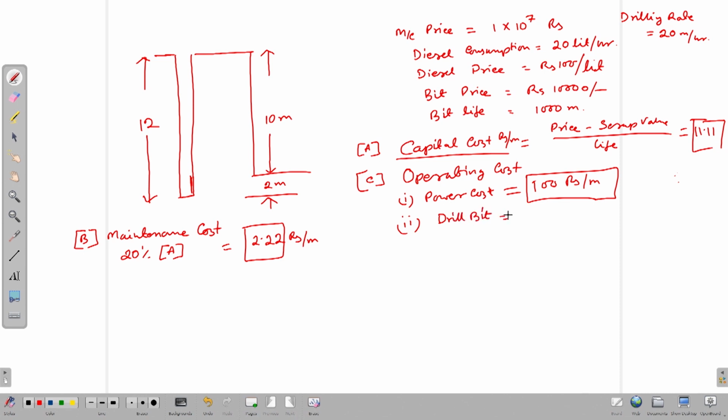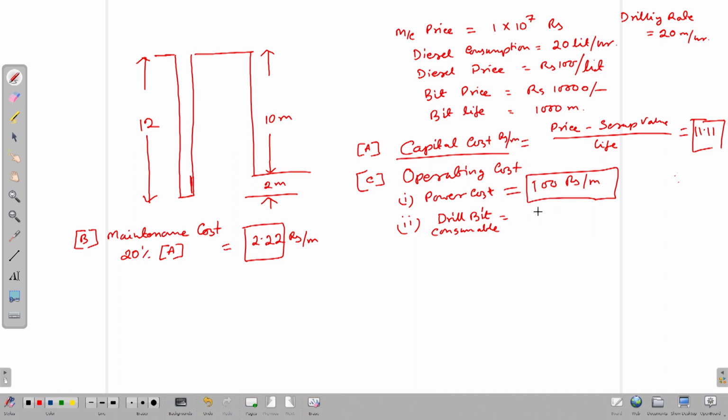There may be many consumables in a drilling operation. The drill rod may be considered as a consumable, but for this particular calculation we are only considering the drill bit as the consumable part. We are not considering any other consumable in this particular calculation, to keep it simple and avoid many calculations here.